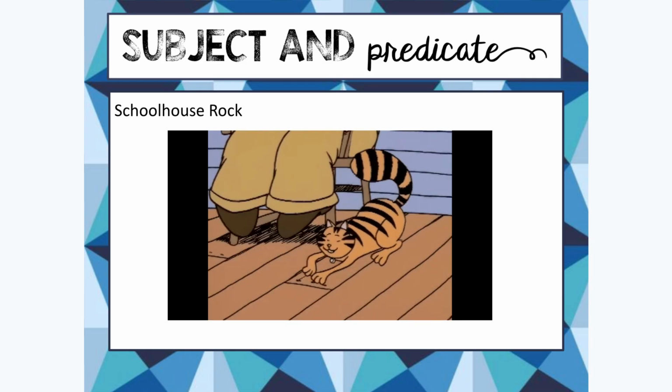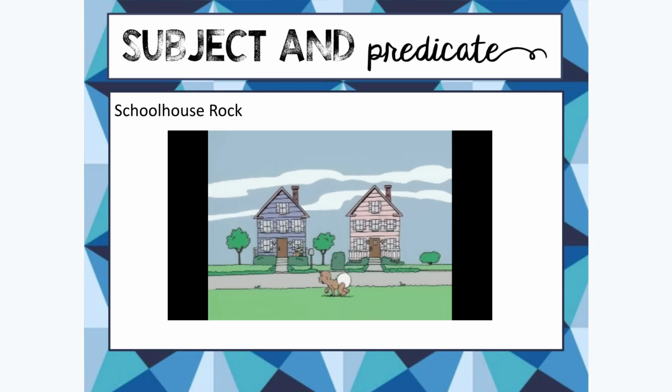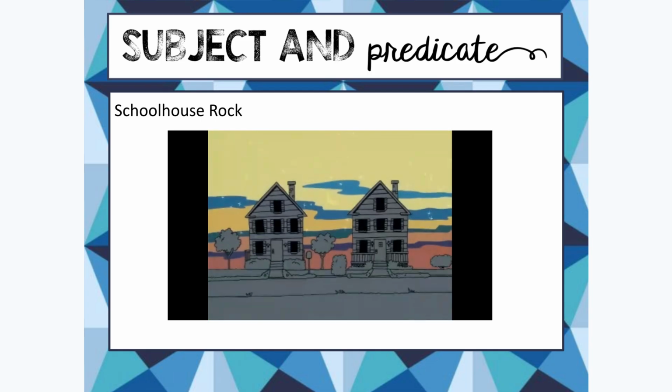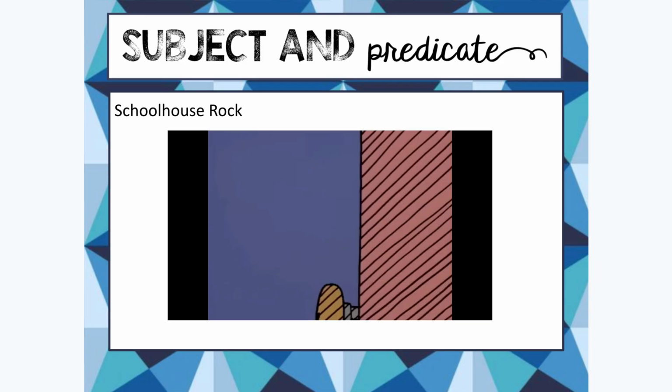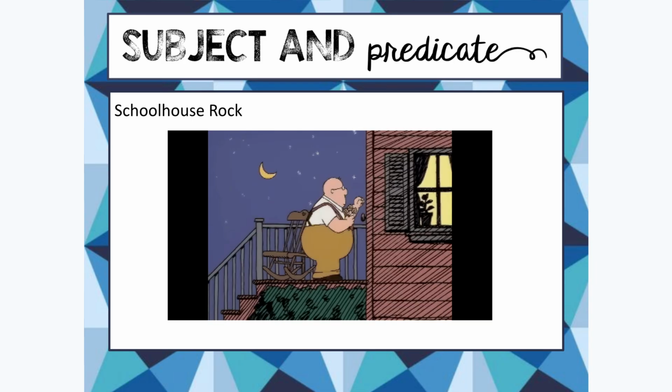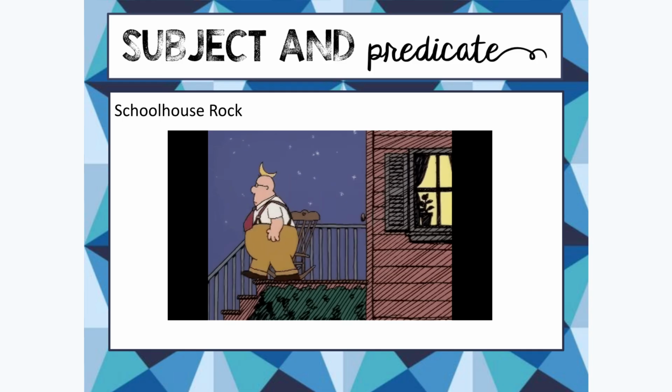The cat stretched, the sun beat down, a neighbor chased his kid. Come here, kid, come on. Each sentence is completed when you know what the subject did. Mr. Morton knocked on her door. Mr. Morton knocked. Mr. Morton sat on her porch.